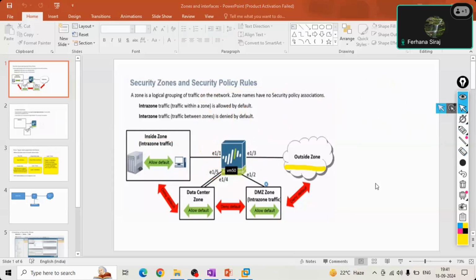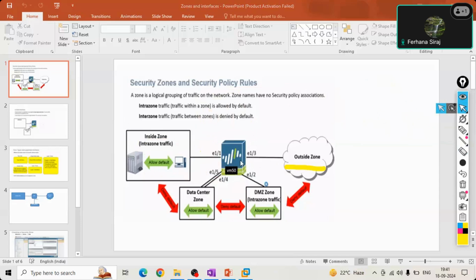If I understand this right, for the outside zone to allow traffic, there is a router between the Palo Alto and the outside zone. But let's say, for example, we have two data centers.